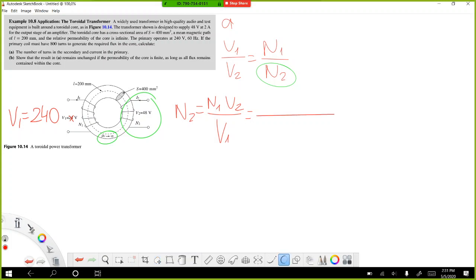We are told that the primary coil must have 800 turns. So N1 is 800 multiplied by the output voltage, which should be 48 volt, over the input voltage, which is 240 volt. From here we can simply find that the number of turns in the secondary coil should be 160 turns.